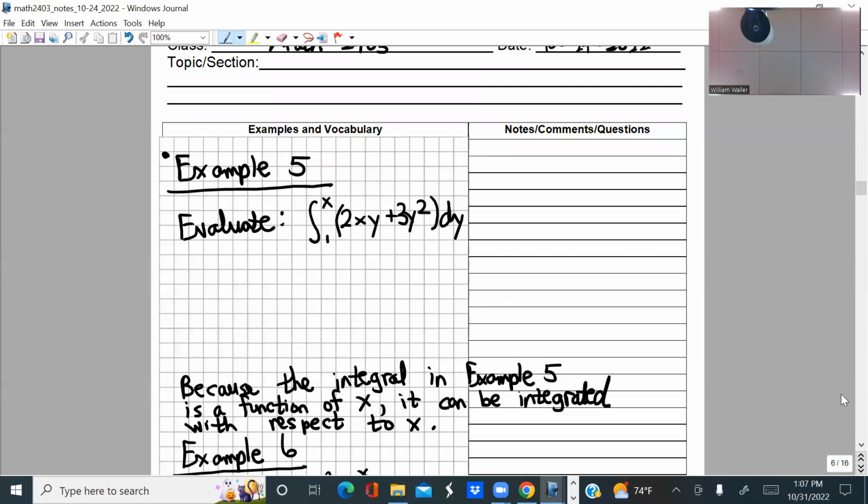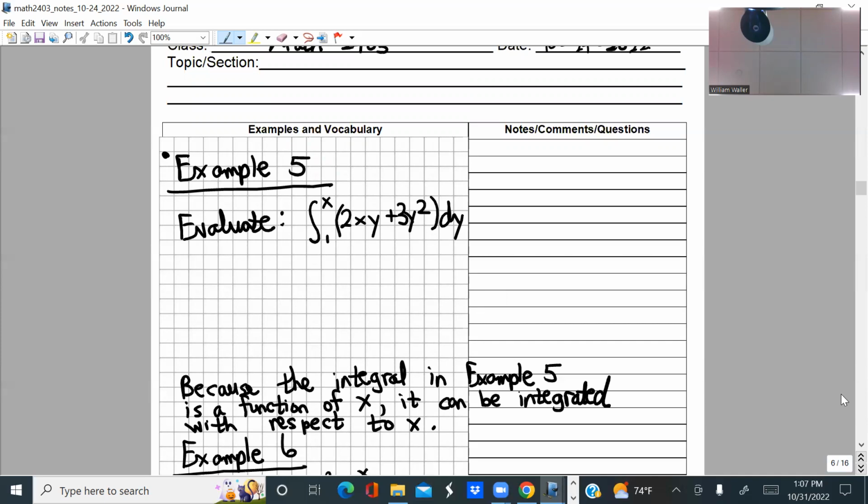So you can use x as one of your limits of integration, because that's just like a number, okay? So as a limit of integration, x. You couldn't use y here as a limit of integration. That's the variable, right, in the integral. But x is just a constant, so we can use it as a limit. So try this one.